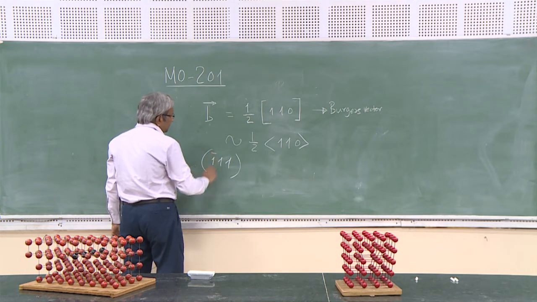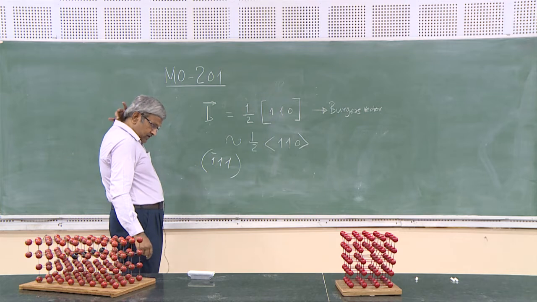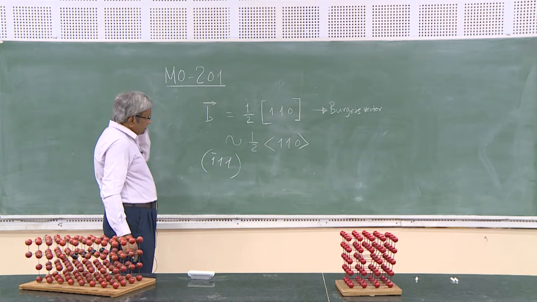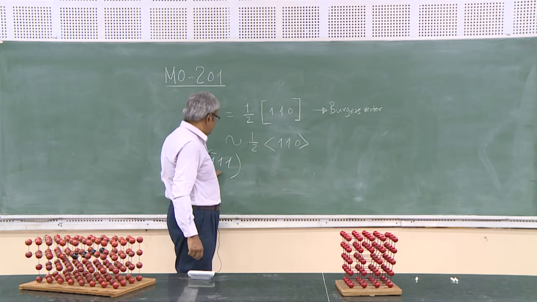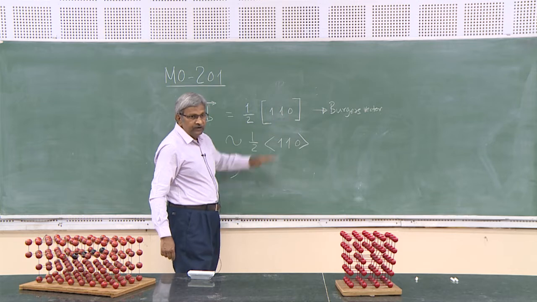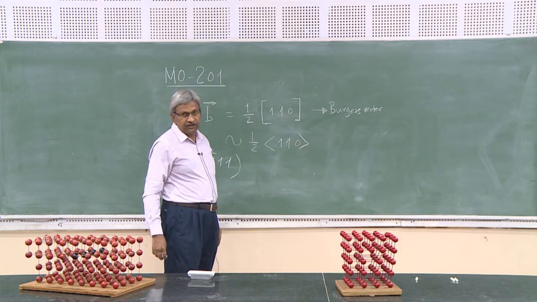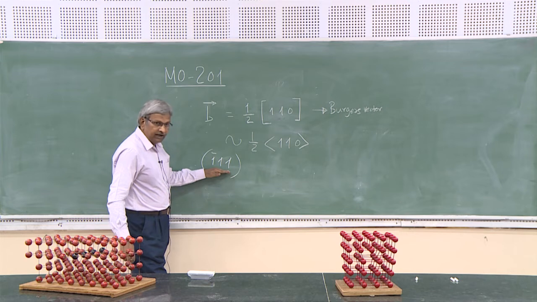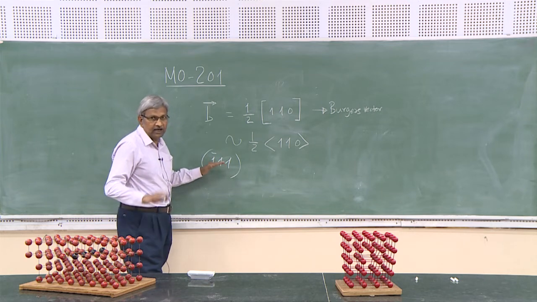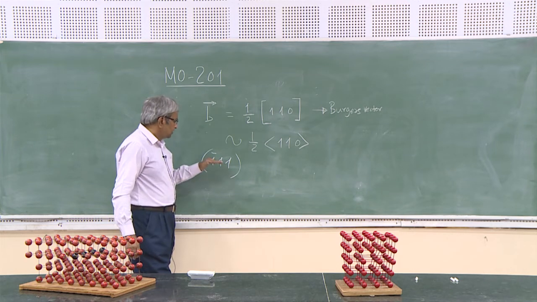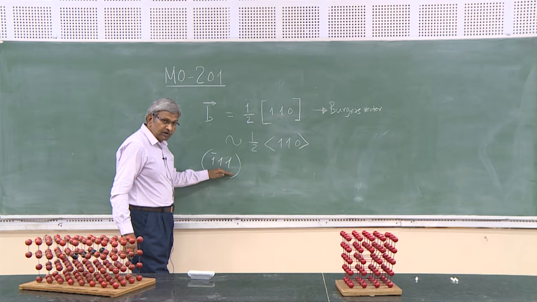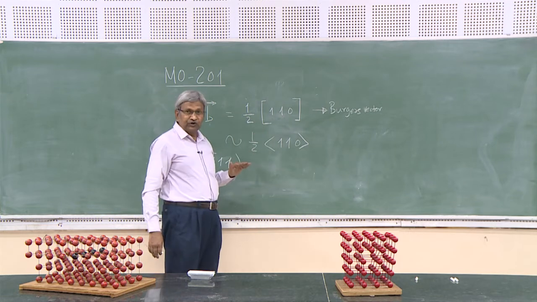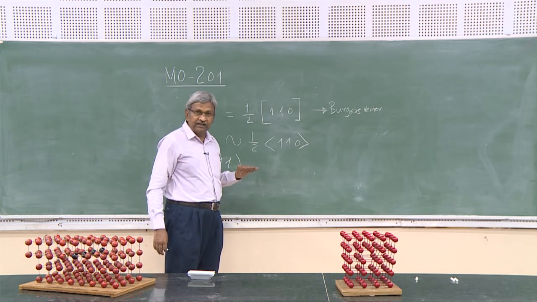For example, it is going to lie on the 1 bar 1 1 type, because the dot product of 1 bar 1 1 type and 1 1 0 is going to be 0, 90 degrees. So, the plane normal of this is 1 bar 1 1 type only. I am dealing with a cubic crystal, so if the plane normal is 1 bar 1 1, the dot product is going to be 0.